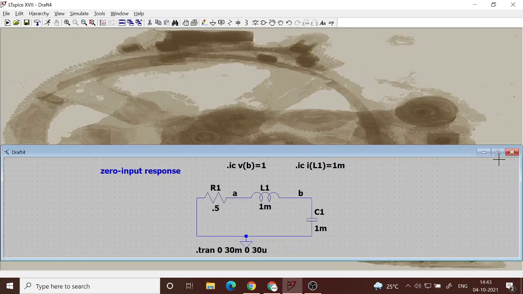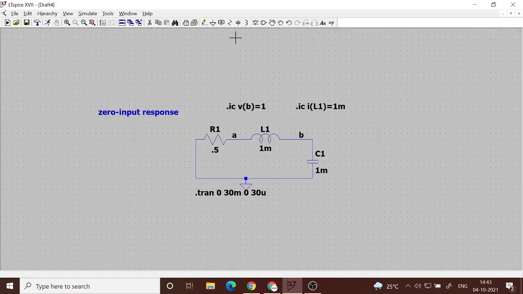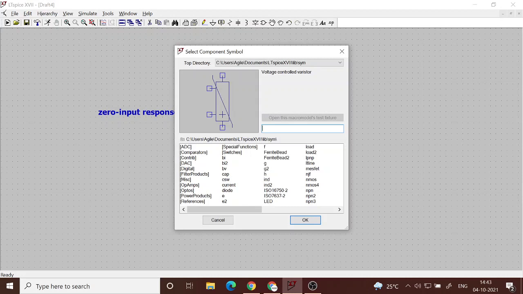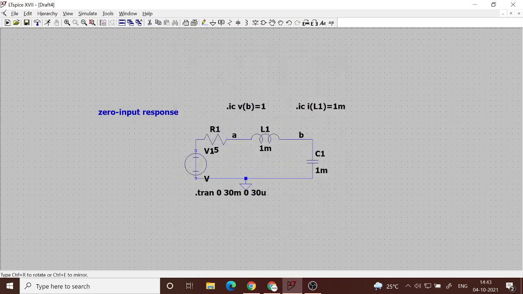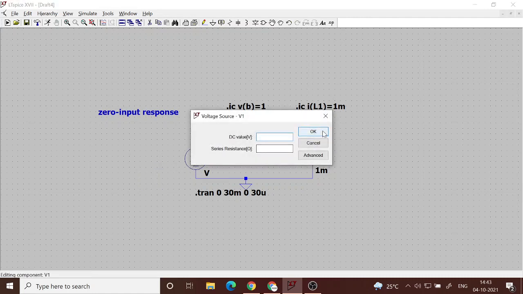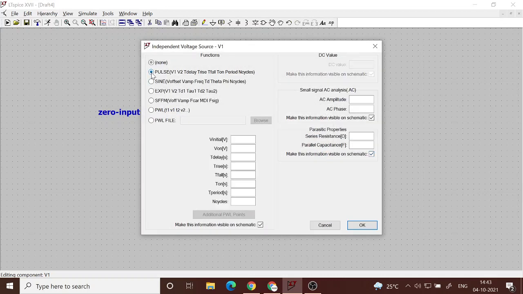To find the total response, we have to give an input also. So to give input, let me go to voltage source. Put a voltage source here, and then you can give various voltage sources. Let's go to advanced and give a pulse, something like a step.